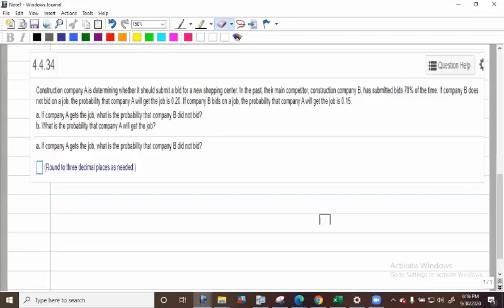All right, so it looks like kind of a weird sort of path here. When I first looked at this problem, I assumed that when you see a company A and a company B, they're going to be the ones side by side on this tree. But that's not what we're looking at in this problem. A is dependent upon B, in other words, what B does.